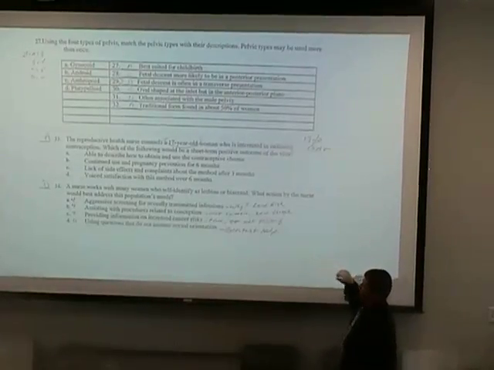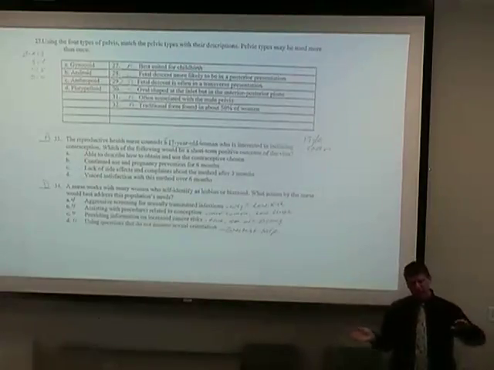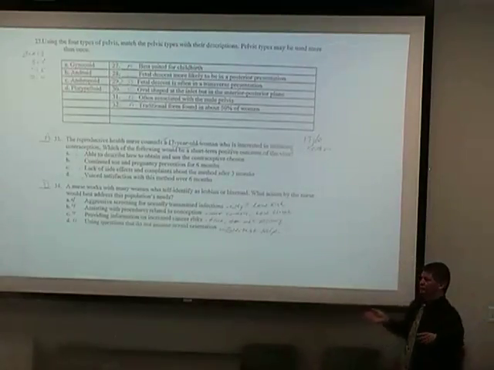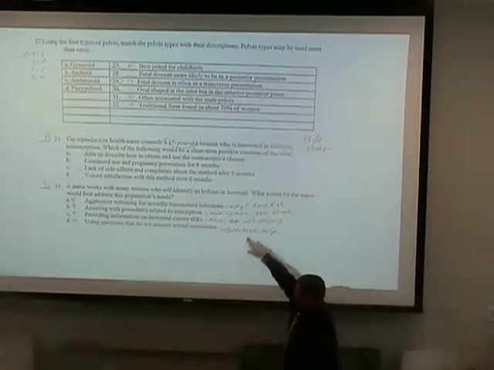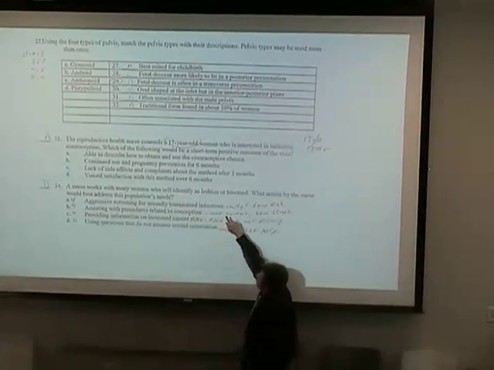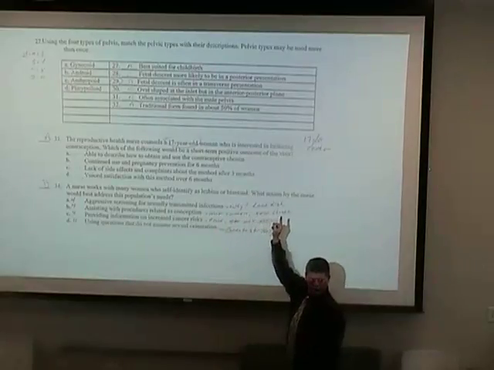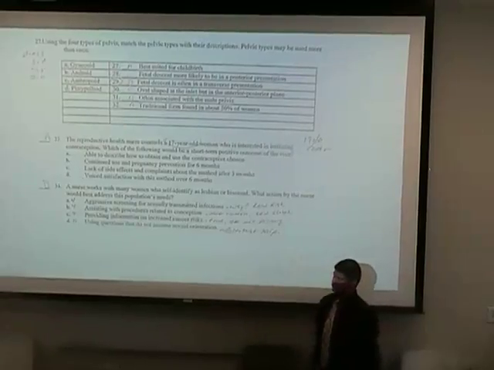And voice satisfaction with the method over 6 months, again, not really a knowledge deficit problem, and it's 6 months from now, not anytime soon. That's a long-term goal. So why couldn't it be?